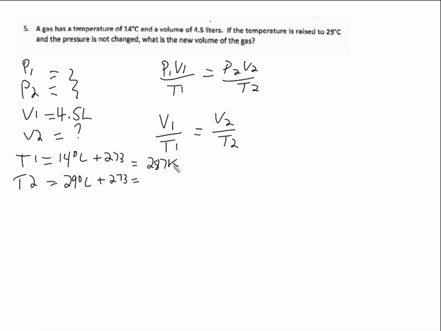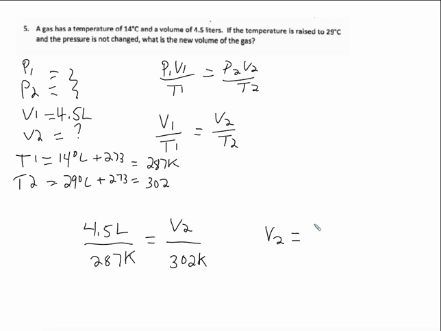So this one will be 287 Kelvin, and this one, 29, will be 302 Kelvin. Then you just plug the numbers in. V1, 4.5 liters, over T1, 287 Kelvin, is equal to V2, that's what we're looking for, over T2, 302 Kelvin. Then you cross multiply and divide, and you get V2 equals 4.7 liters.